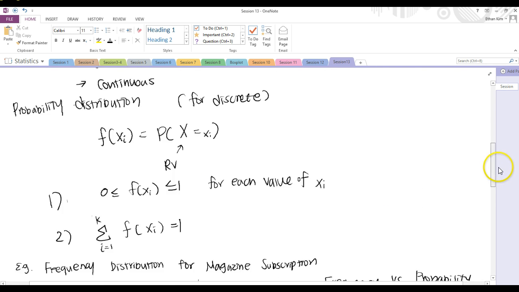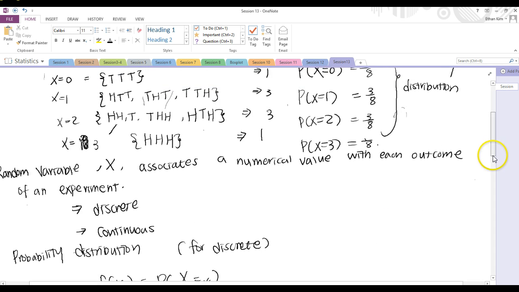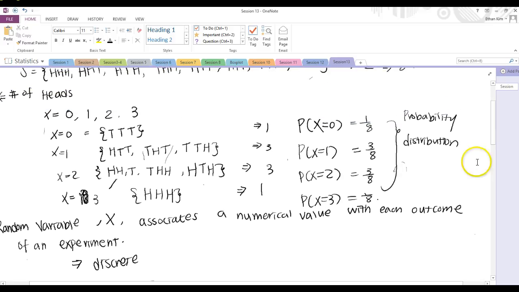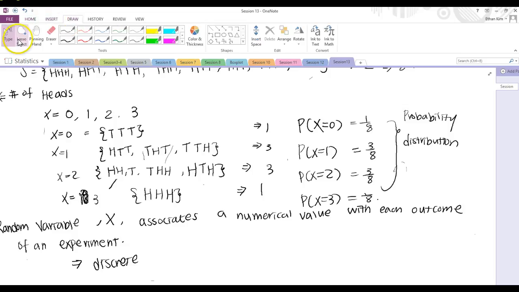What should we work on? Yes, why don't we just work on this? So I'm going to copy this part over.